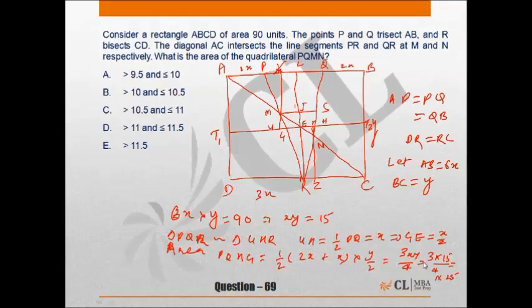Now in order to find the area of quadrilateral PQNM, we have to find the area of triangle MGE and that of EHN.